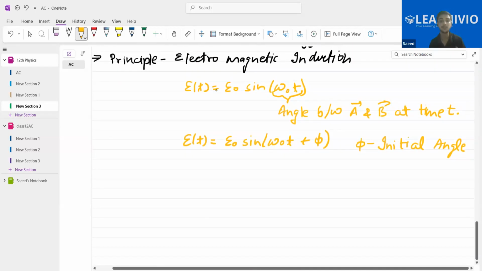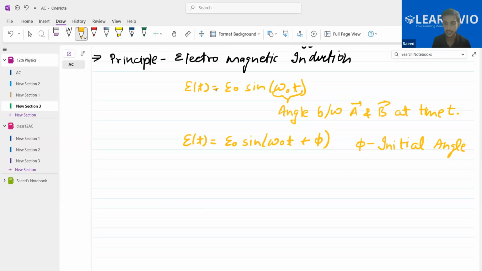So actually phi is the initial angle. Initially, whatever angle it is making, we write it as phi. That is the initial angle, or the angle between the area vector and B at t equals 0. Understood this?